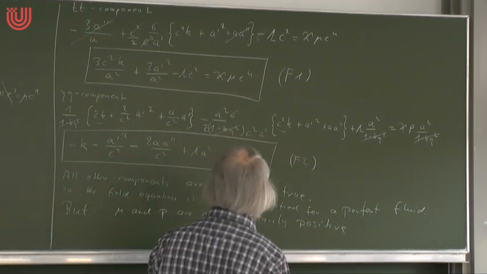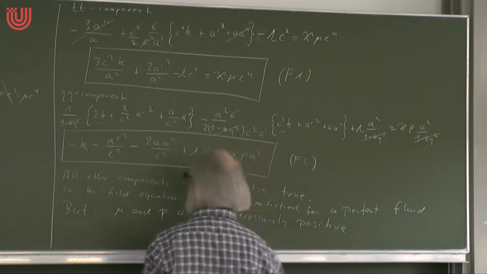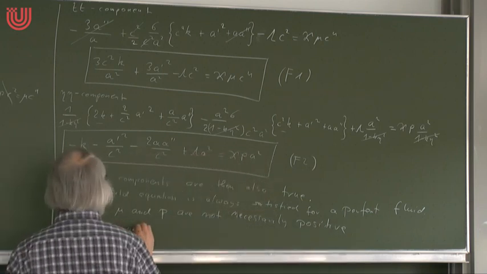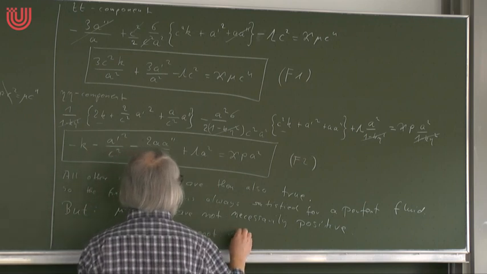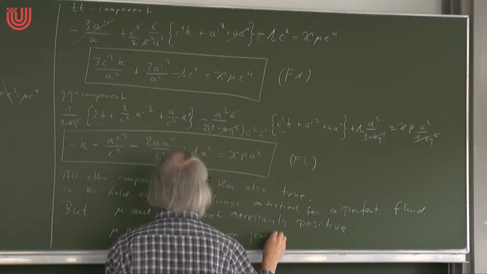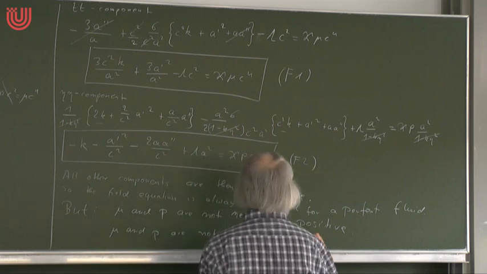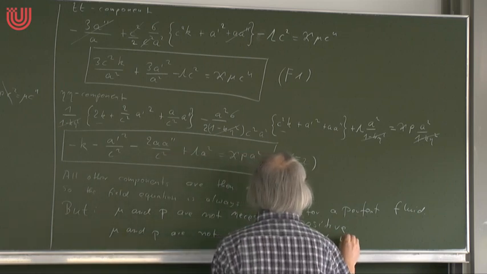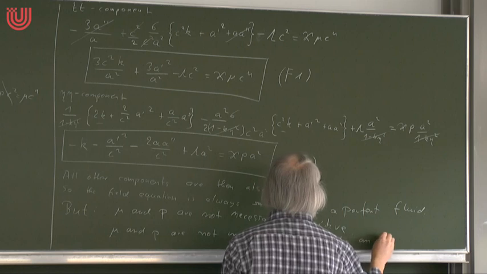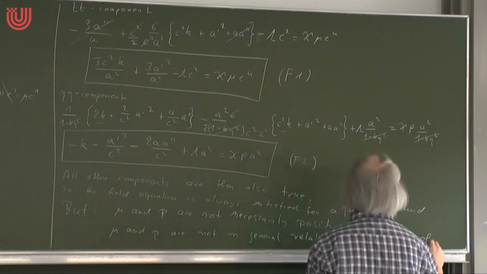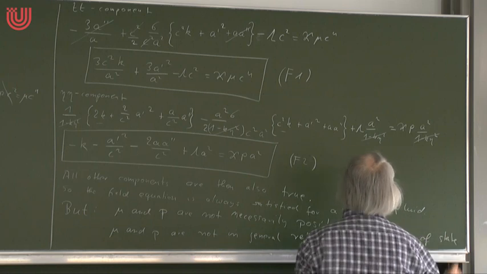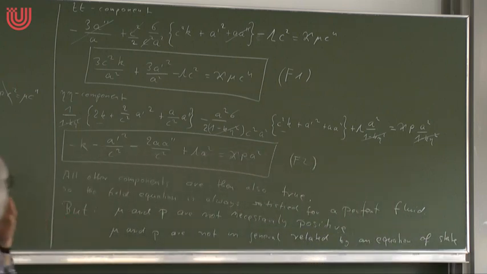Mu and p are not necessarily positive, and the second result: mu and p are not in general related by an equation of state. Okay, so that's the general part.